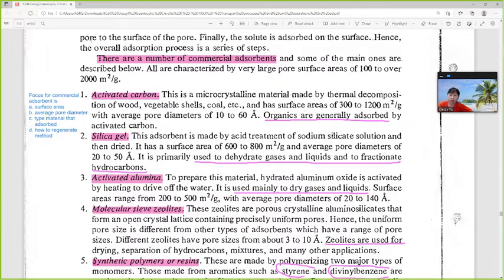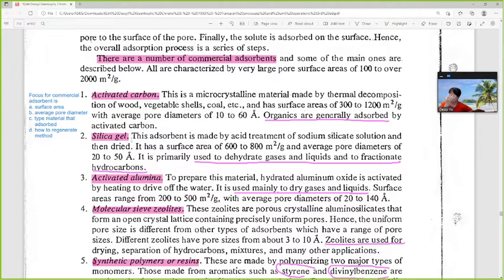Activated carbon is organic, and generally absorbs organics, so the focus is on organics, in a fluid, either a gas stream or liquid stream. The second commercial absorbent is silica gel.